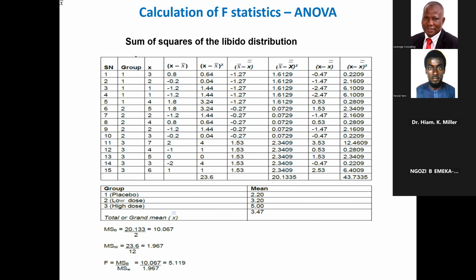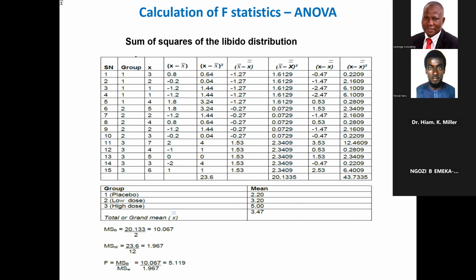Why? Because there are 3 groups. So 3 minus 1, that's why the degree of freedom is 2. So the mean square, that is variance between the group, is 10.067.